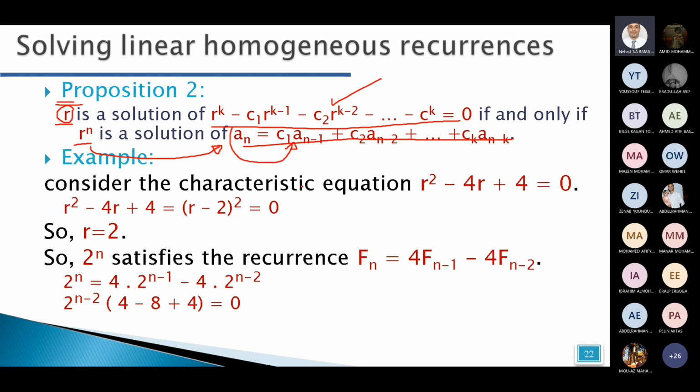But we need a constant for each solution. Later we will speak about this because we have a theorem that tells you how to write the solution. When you find solutions for the recurrence relation, write them as a solution for the linear homogeneous recurrence relation. Okay.